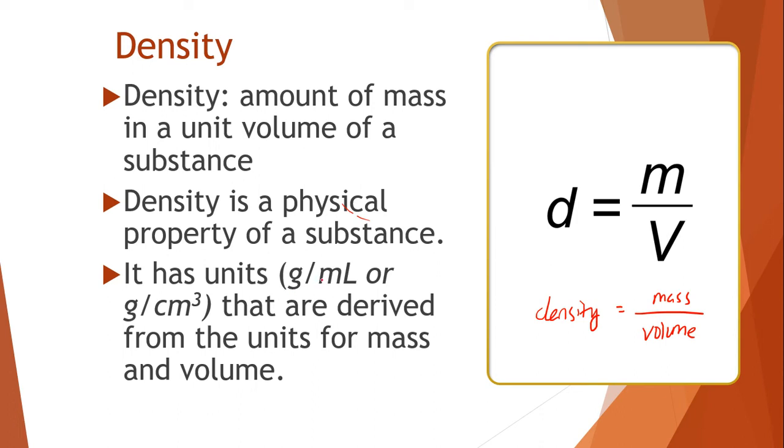So grams divided by milliliters. Here my mass would be grams, my volume milliliters. We're dividing those two. That's how we get grams per milliliter. Or you can even have something like kilograms per milliliter. As long as you have a unit for mass and a unit for volume, and divide those, that's going to be density.